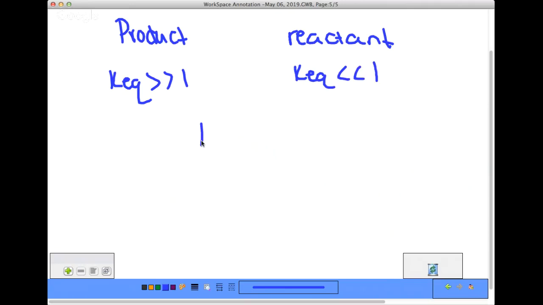If you think about that, remember our KEQ is equal to our products over reactants.